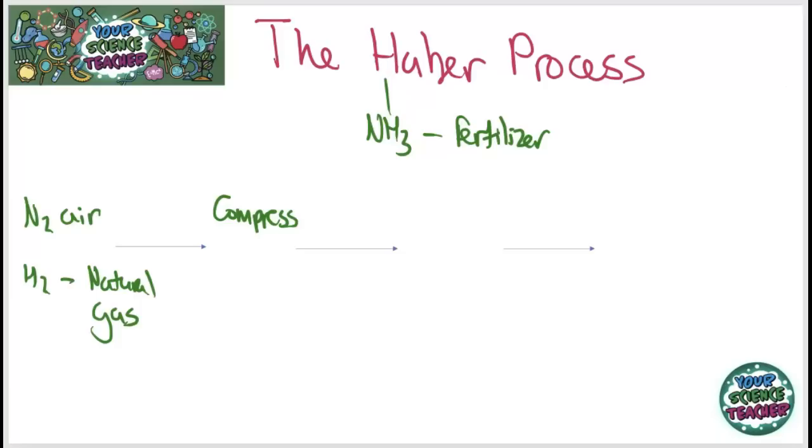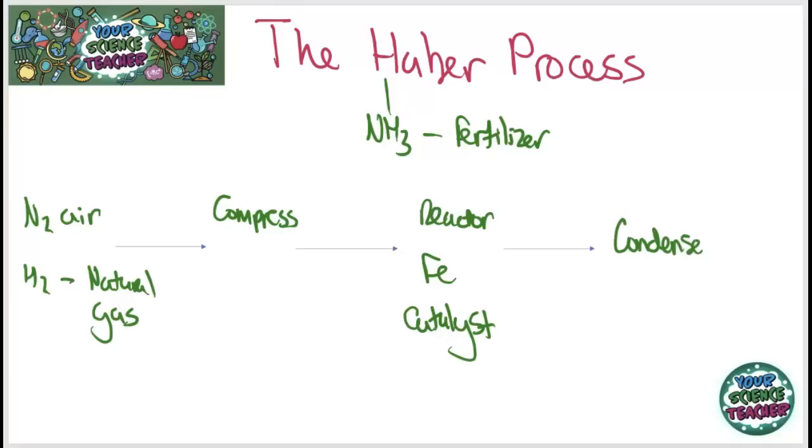And after the compressor, it's sent into a reactor, and the reaction happens on an iron catalyst. That's something that you need to remember about this reaction, before finally going through a condenser. Now, what you need to remember as well is that ammonia has a higher boiling point than hydrogen and nitrogen.